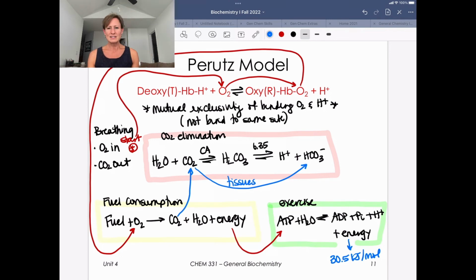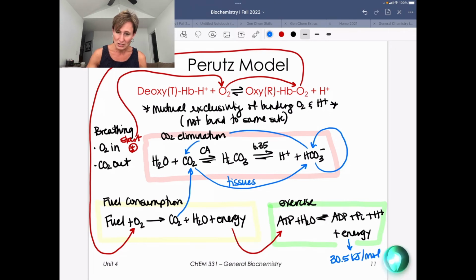We're going to generate bicarbonate, and bicarbonate can easily circulate through the circulatory system until it gets to the lungs. And this is an important piece. CO2 elimination requires the use of carbonic anhydrase in the opposite direction.